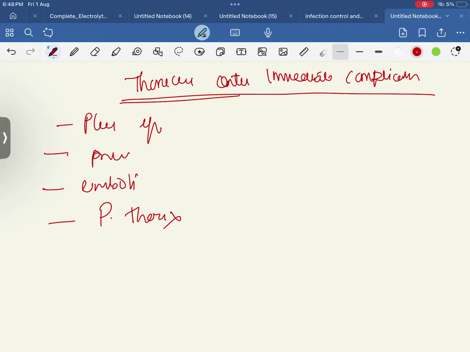First option is what? Pleural effusion. Yes. Pulmonary embolism. Okay, then why do you think that pulmonary emboli will be the answer?